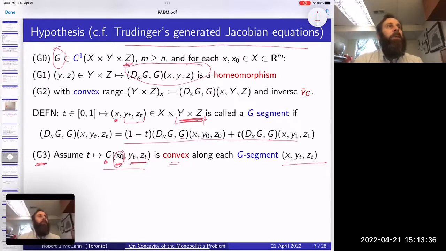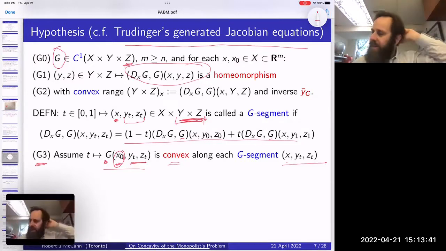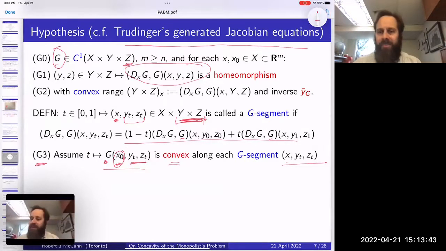If you're doing everything at a large distance, G becomes linear in the Z variable. But if you're not so far away from the mirror or the lens, then you need these nonlinear G's. I guess this was also relevant to the design of progressive lenses. Kobe Rubinstein and Gershon Wolanski in Israel, I think, had a company that did progressive lenses for contacts or for prescription glasses, and it was based on these generated Jacobian equations.